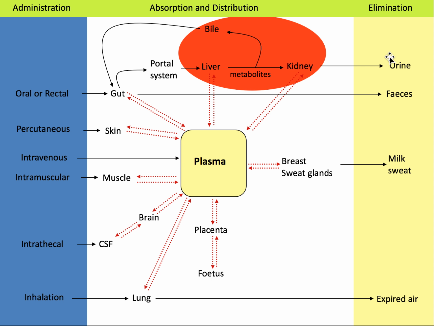You can eliminate via urine, feces, milk, sweat. When mothers are breastfeeding their child, sometimes there is a likelihood of toxicity because of drugs being excreted through milk, and this can affect the baby who's feeding on the milk. Also sweat, as well as expired air.